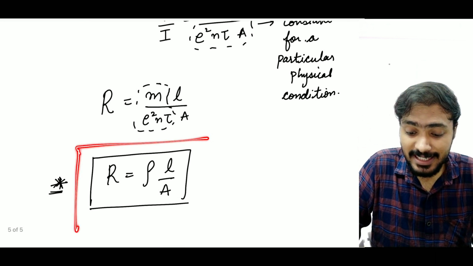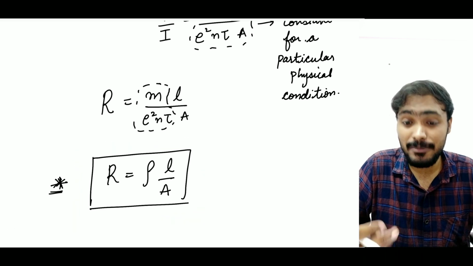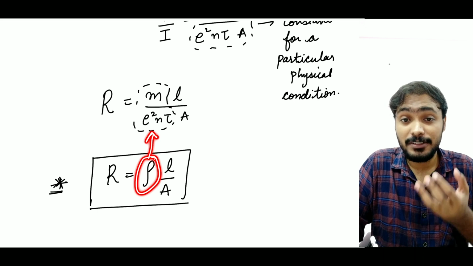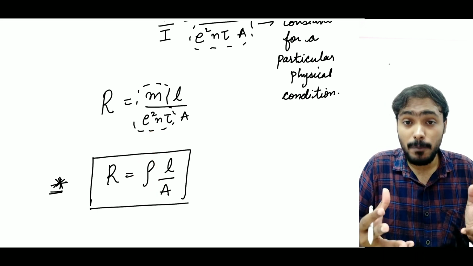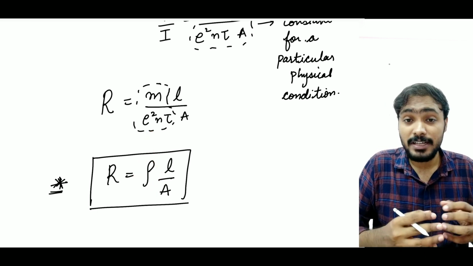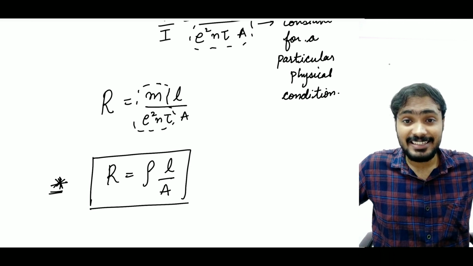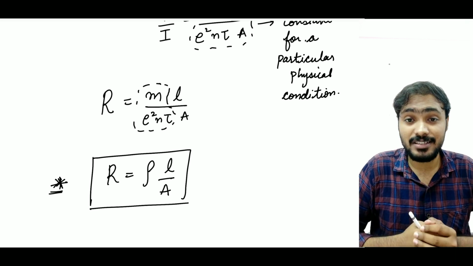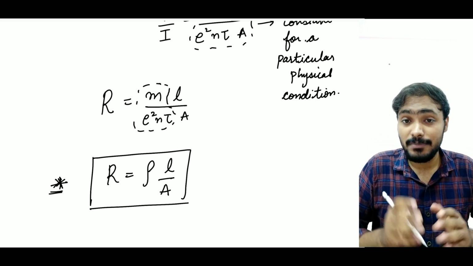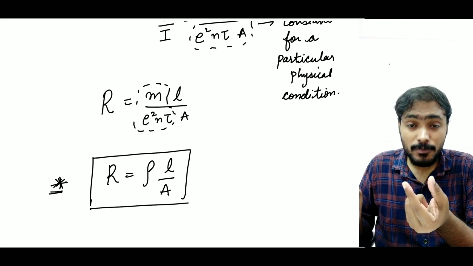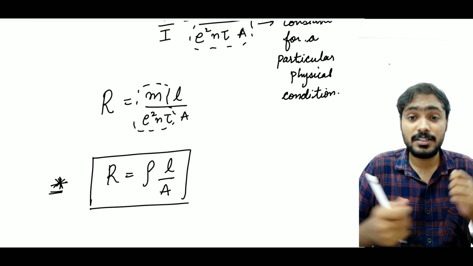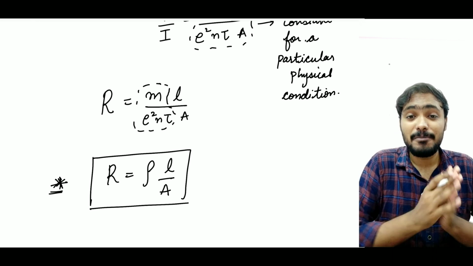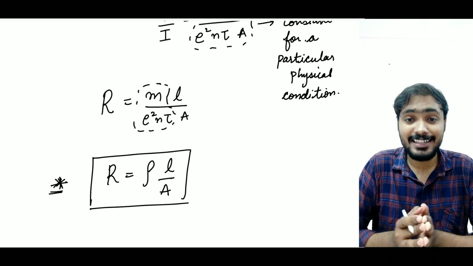So from here we get the formula R equals rho L by A, where rho is the resistivity of the material. For example, if you have a copper material, it does not matter whether it is long or has a big area of cross section; whether you take a small copper wire or a big copper wire, the resistivity will be the same. Anyway, we'll discuss resistivity in our coming videos.